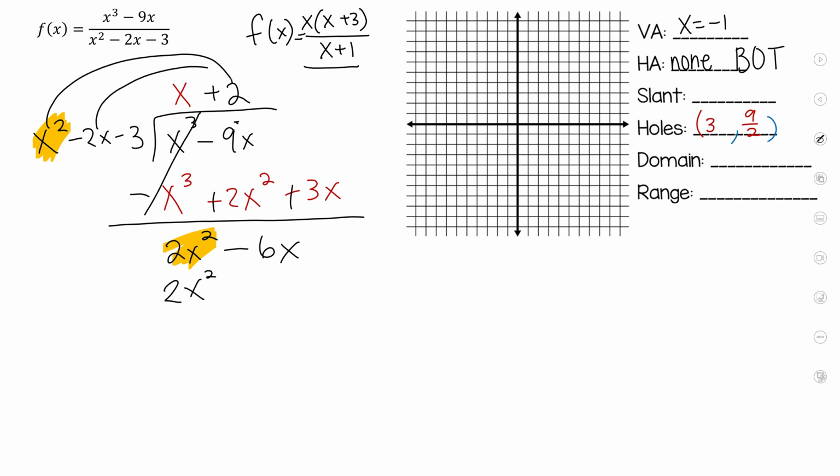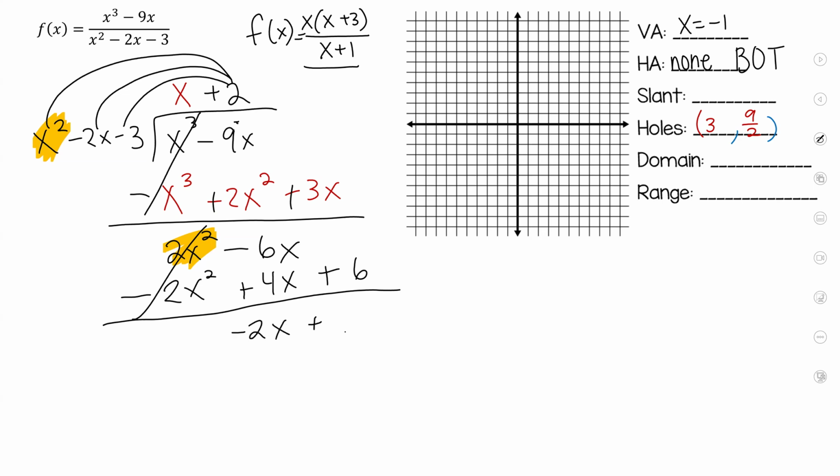Negative 2x times 2 is negative 4x. Negative 3 times 2 is negative 6. Go through and change the signs. That canceled out. Negative 6x plus 4x is negative 2x, and you can just bring down this 6.